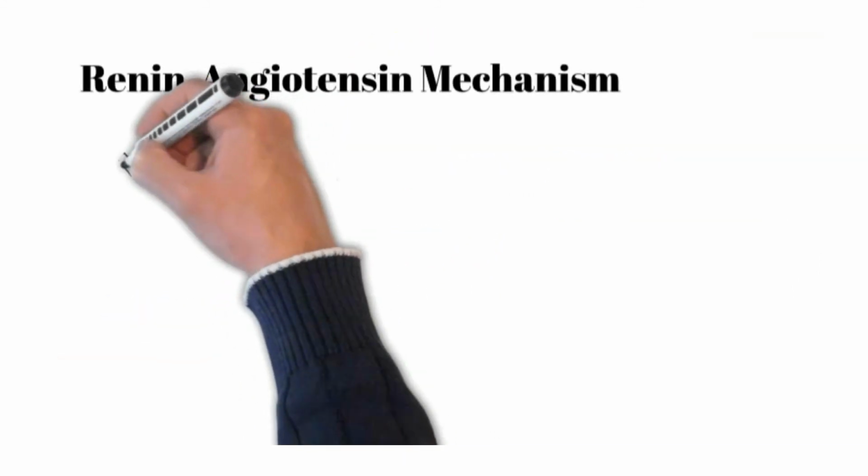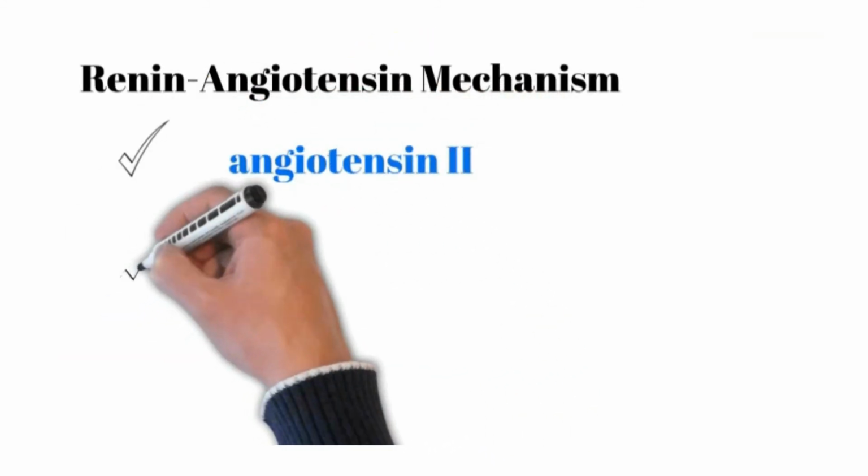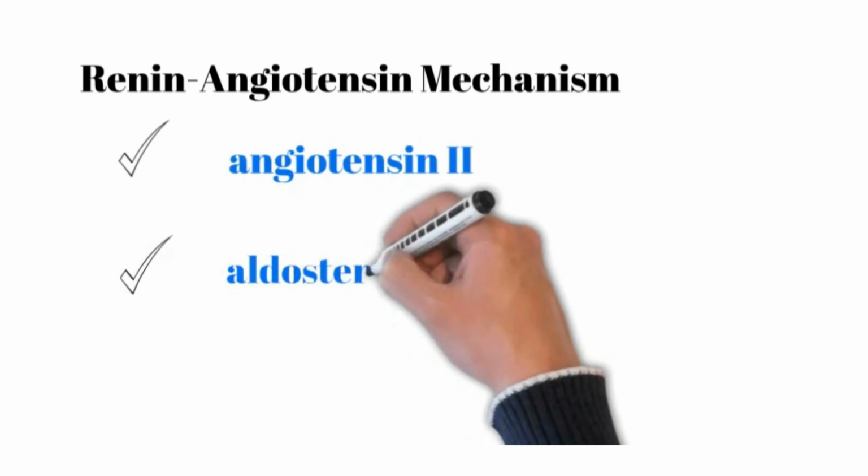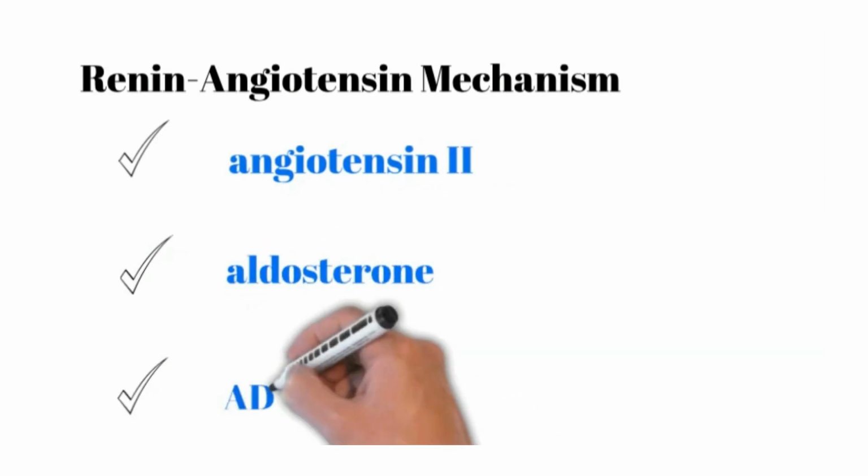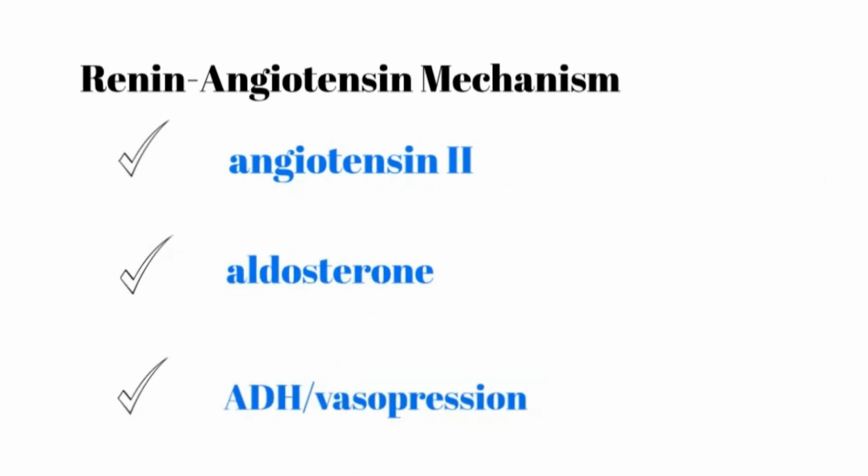Okay, lastly, let's talk about this renin-angiotensin mechanism, otherwise known as the renin-angiotensin system. And this is stimulated by low blood pressure detected by the juxtaglomerular apparatus. And the first thing that is going to happen is the release of renin from the JG cells that we just looked at.